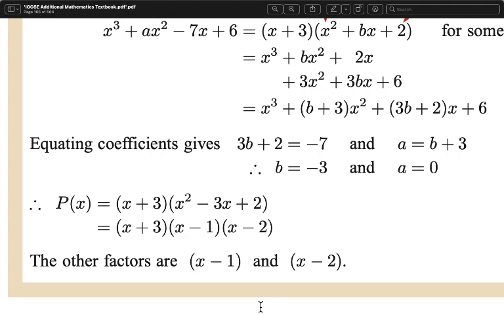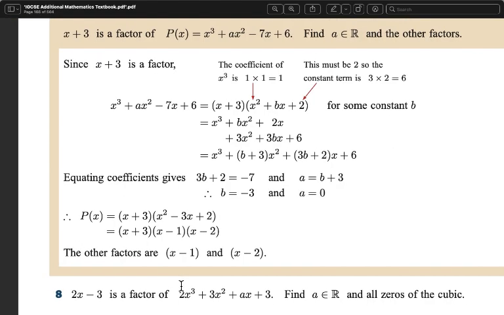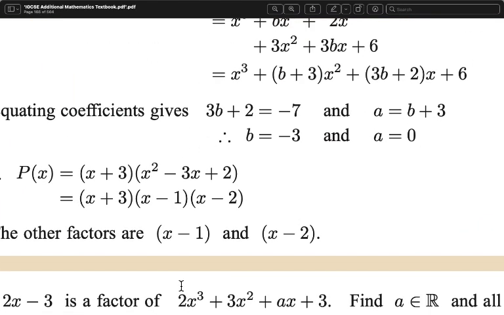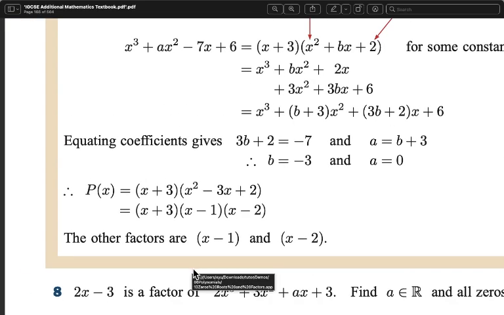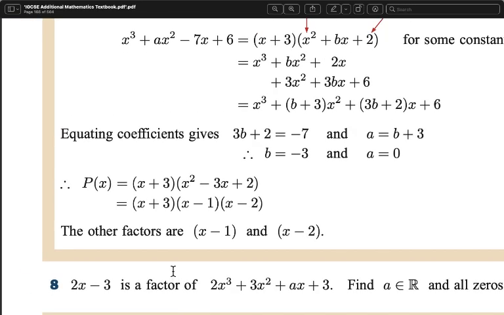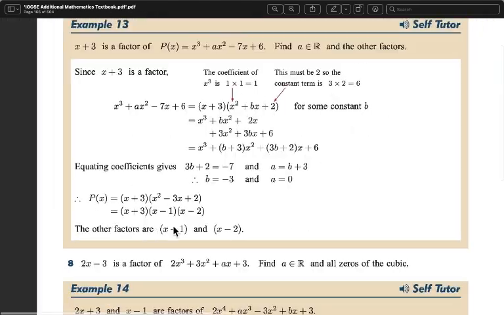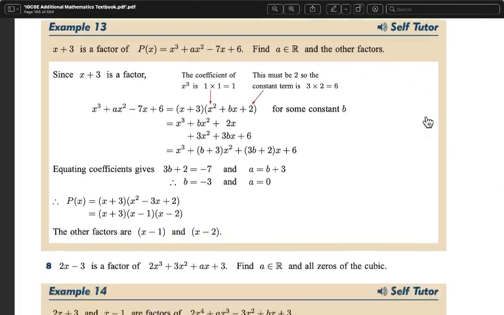So keep breaking that down. X squared minus 3x plus 2 equals x minus 1 times x minus 2. And then in the end, the two other factors are x minus 1 and x minus 2, along with the factor of x plus 3. However, this is not what the question asked for.